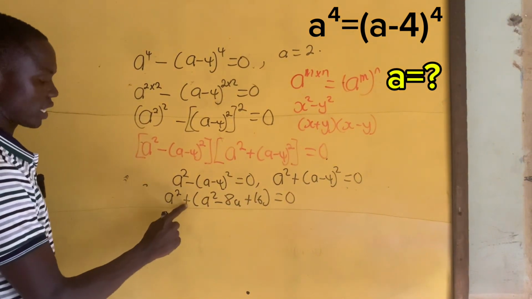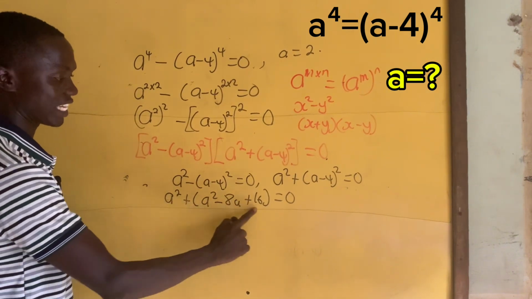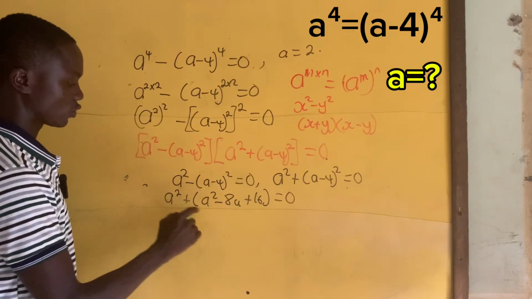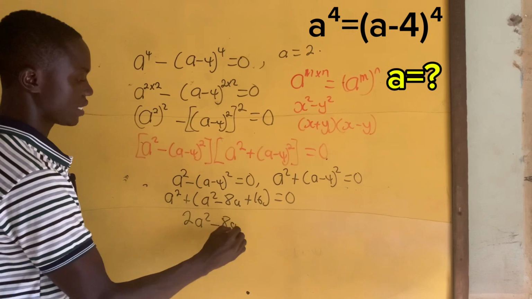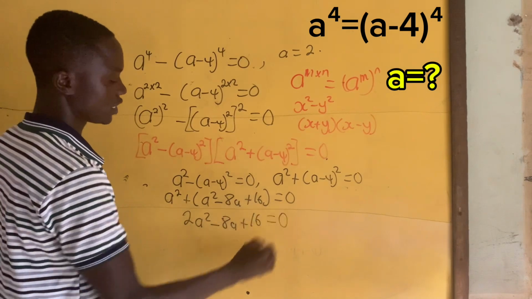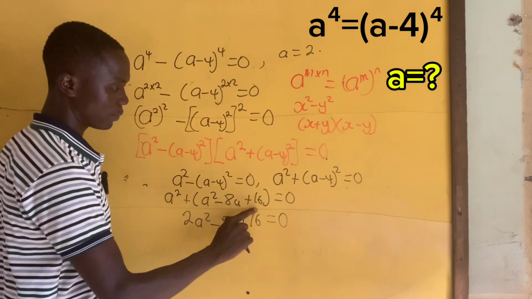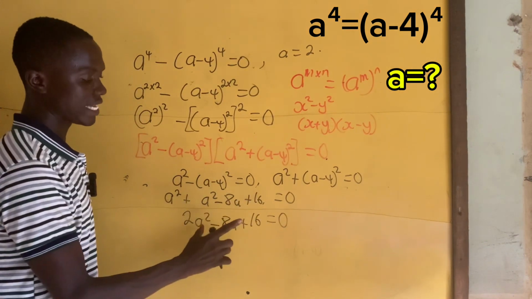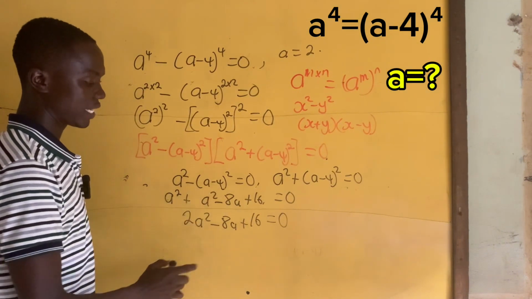Then if we multiply through by the positive, each of the terms is maintained. So this will give me a squared plus a squared, that is 2a squared, minus 8a plus 16 equals 0. If you multiply through by the positive, the terms will maintain their sign. So there's no need; we just add a squared to a squared and we get this.